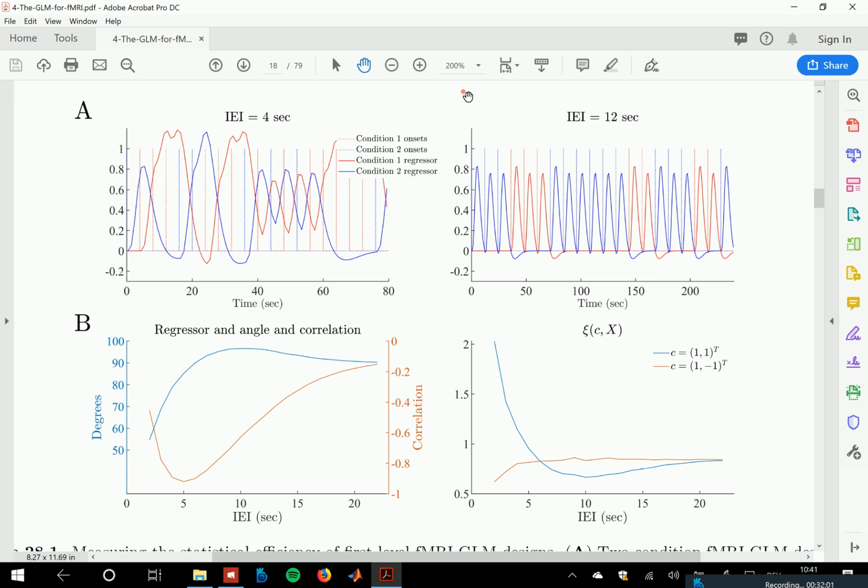So how much time do you allow between two events, like for example showing a face and then showing a house. Then the question is, what do I want to look at? Do I want to find brain regions that are differentially activated, so the face area versus the house area? Or do I want to find brain regions that are active for visual stimuli, so essentially face and house areas together?